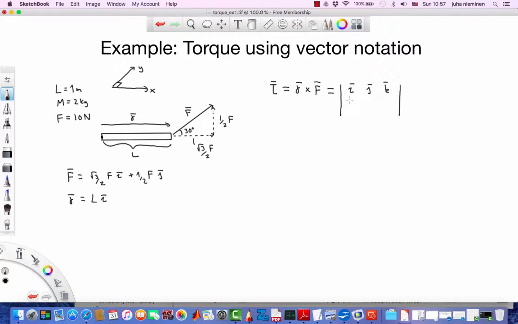Then on the second row, we list the components of the first vector, that is r. So r was L times i, so it only has L here and nothing in the y and z directions. And then f has square root of 3 over 2 times f in the x direction, half times f in the j or y direction, and nothing in the z either.